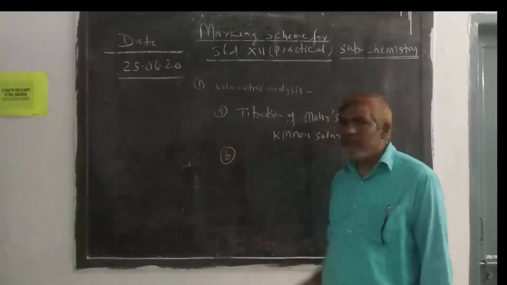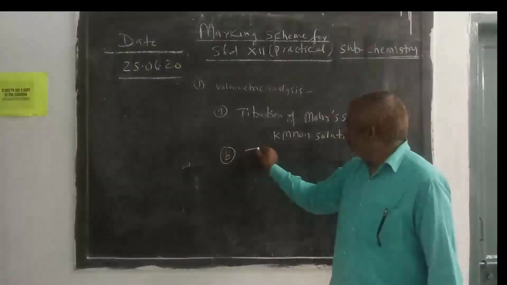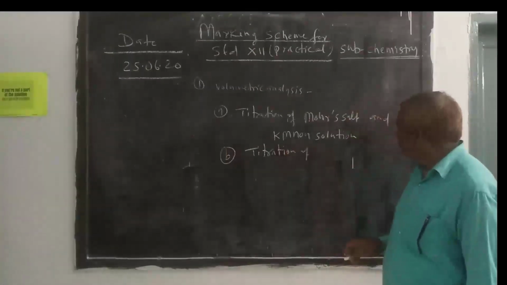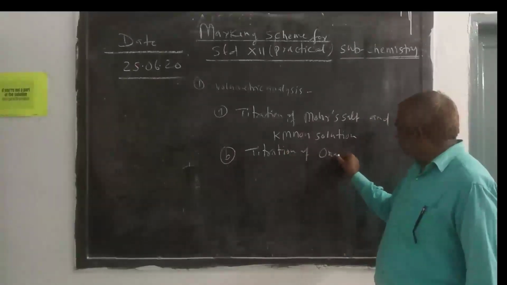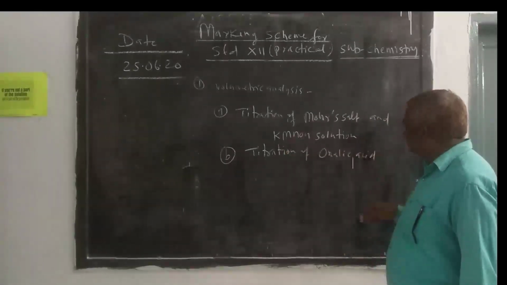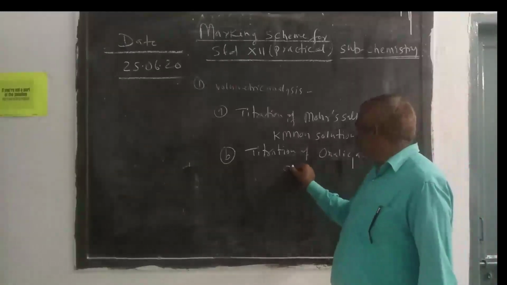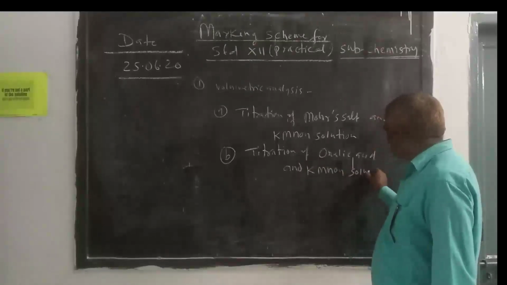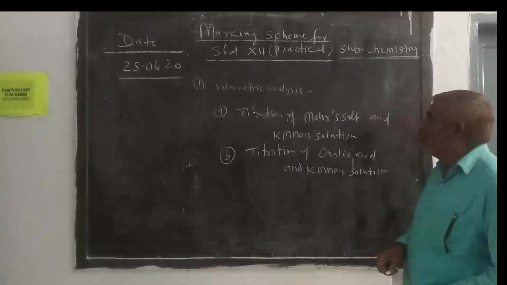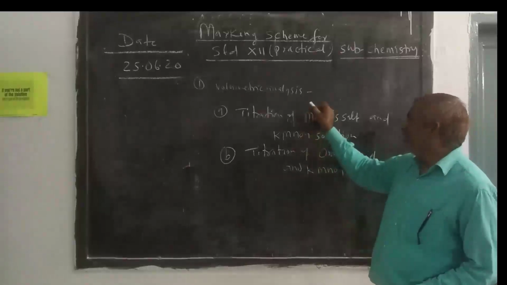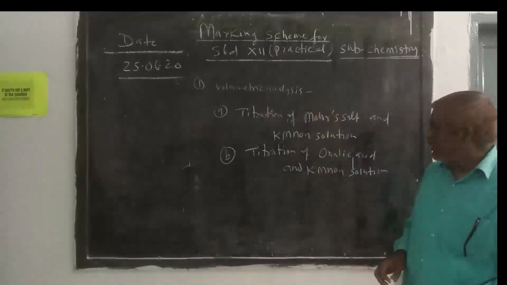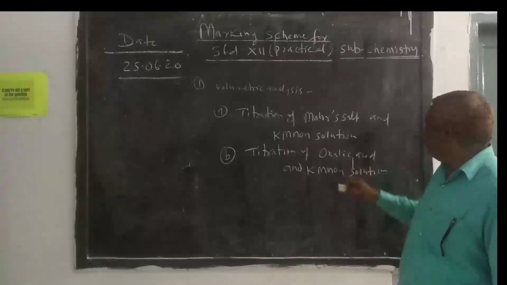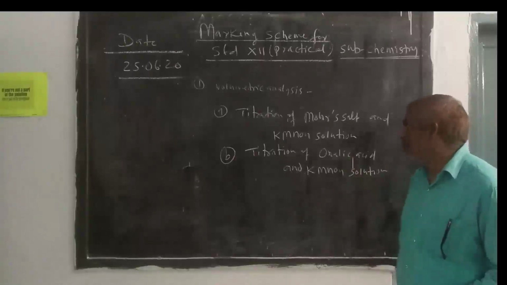The second one is titration of oxalic acid and KMnO4 solution. In the first part, heating is not required, but in the second part, heating is required. So first of all, I am going to start titration of Mohr's salt and KMnO4 solution.